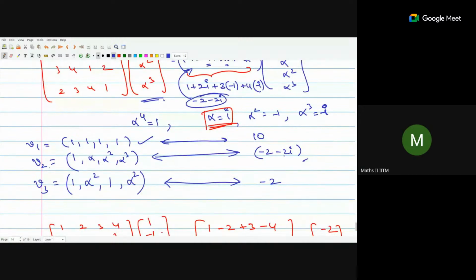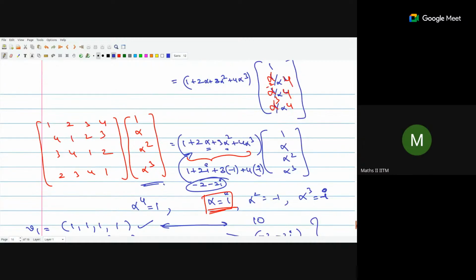And the last vector, by now you should have guessed this. You just cube it. This will be an eigenvector, and you don't need to compute the eigenvalue. You have 3 eigenvalues with you. You just look at the trace.